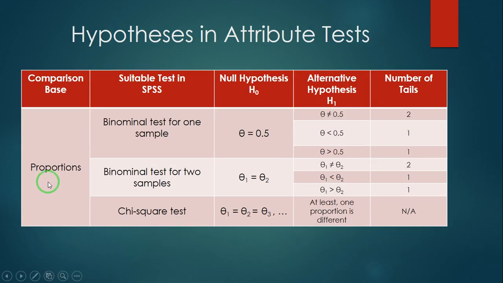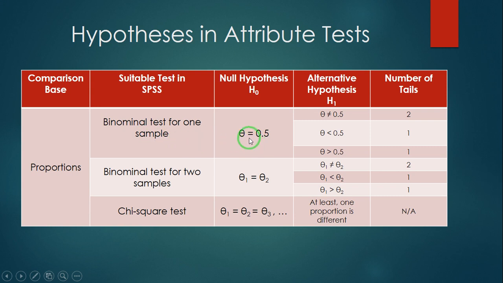Considering the proportions as the comparison base, if you have just one sample and you're going to test the proportion of that sample to check if it is, for example, 50% of the cases, then you can run the binomial test for one sample in SPSS.